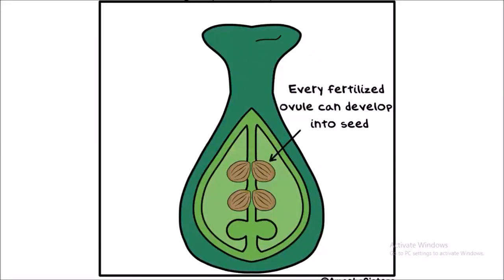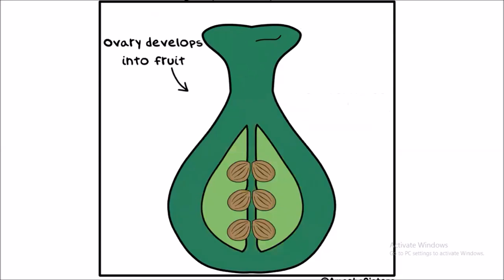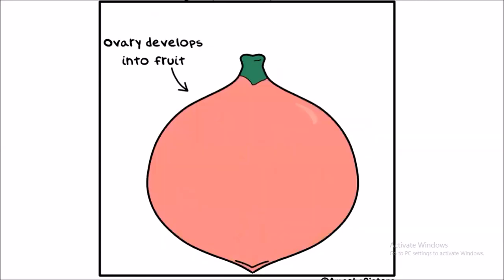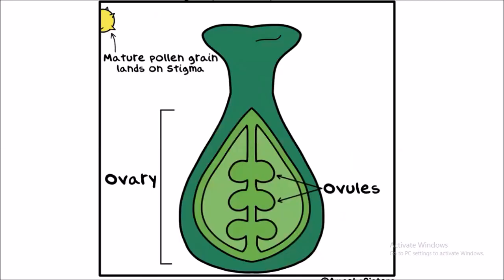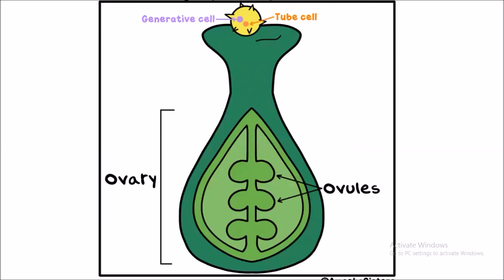They will develop into seeds, and since now we have seeds, the flower will turn into a fruit with the seeds inside of it. When the animal then eats the fruit, the seeds will fall on the ground and then grow into a new plant.